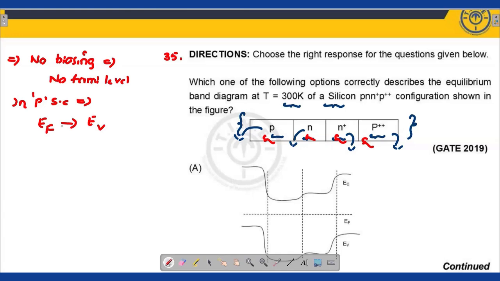Close to EV. And in N-type semiconductor, you know that the Fermi level is close to EC, my dear friends.